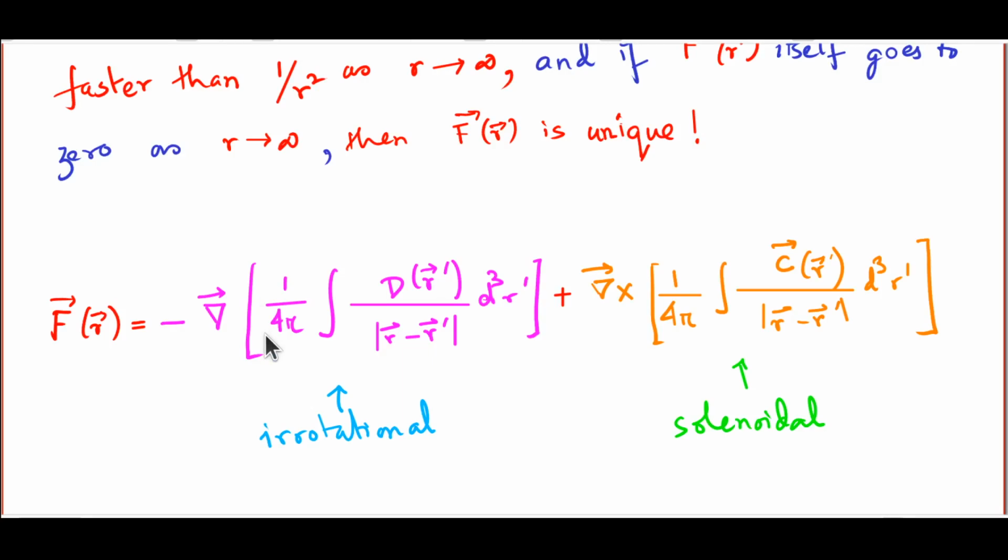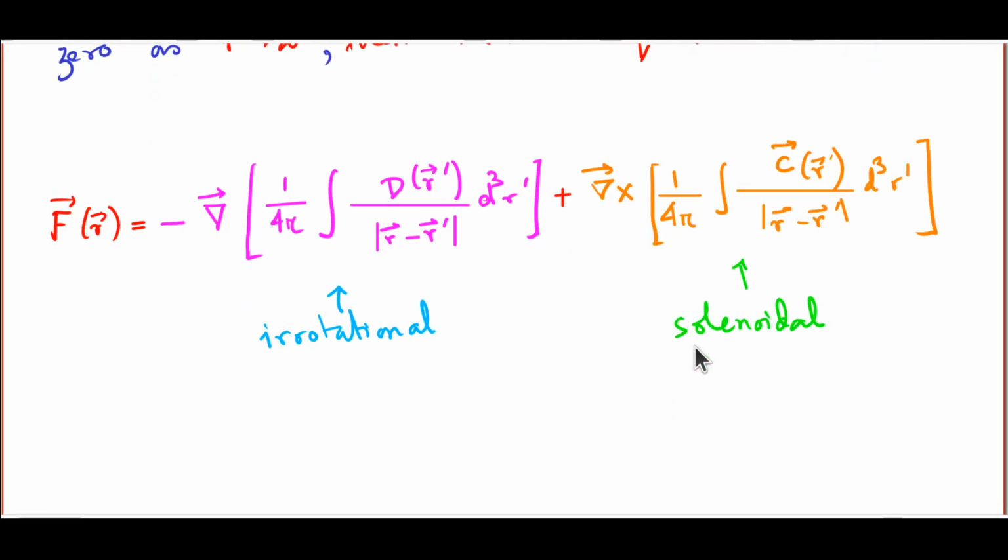Being a gradient of a scalar field, this part has zero curl. So, in the standard language that we use, this is called an irrotational vector field. On the other hand, the other part is a curl of a vector field. And because it's a curl of a vector field, its divergence is zero. So this is a solenoidal field.